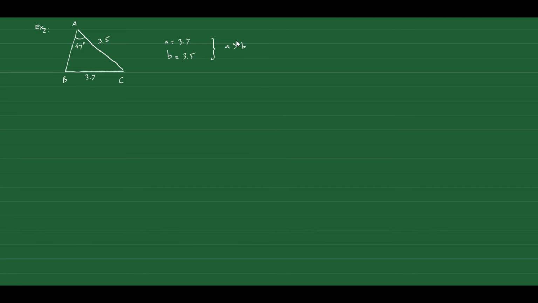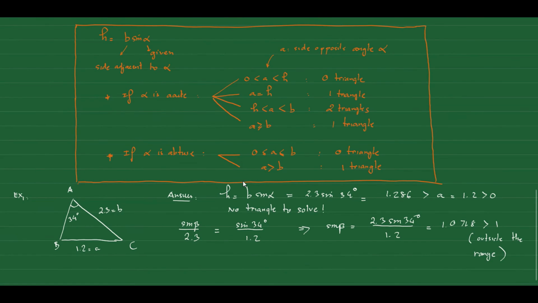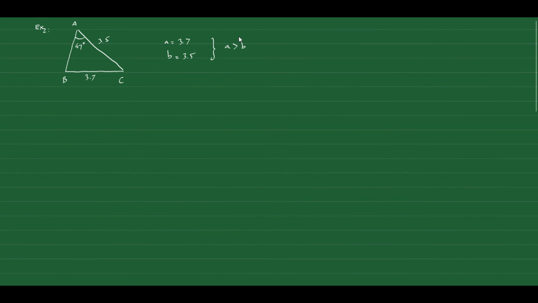If a is greater than b, you look at the rule. Alpha over here is 47, so a greater than b, and we have only one triangle to solve.